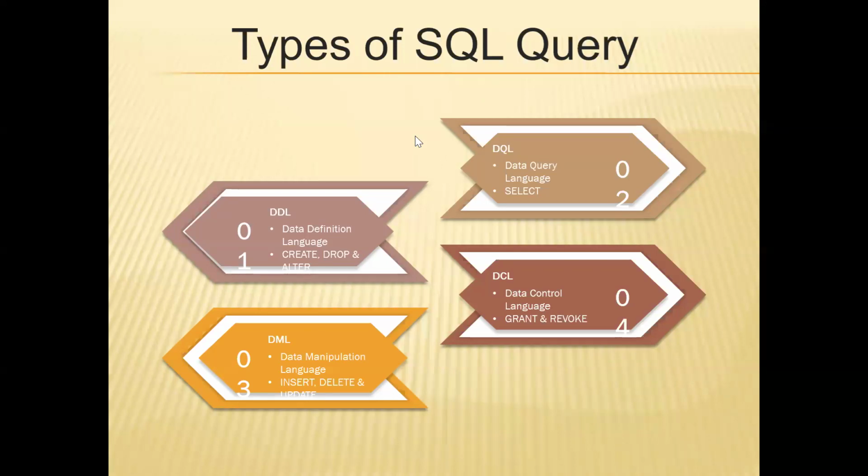DQL in the sense data query language. We created the database, we created the table, we inserted data, and we modified data also, whatever changes happened. Everything is done. So now what can we do? We have to extract the data. For that, what do we require? We need DQL commands.